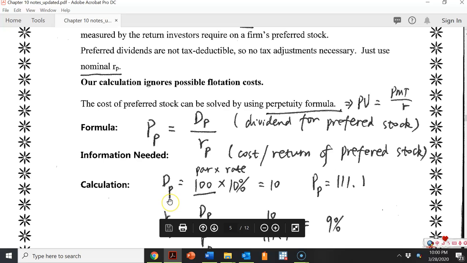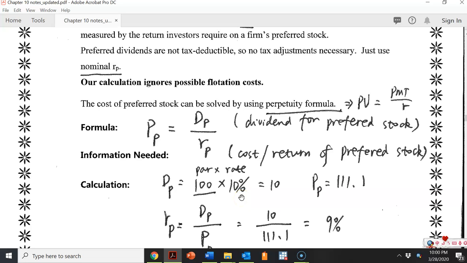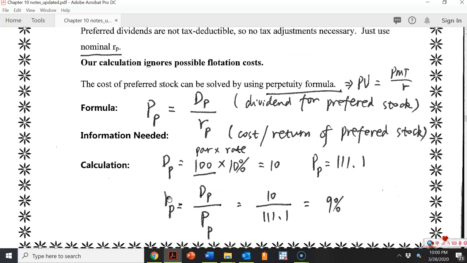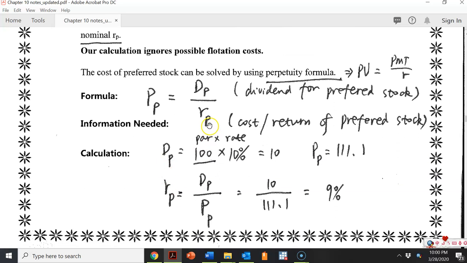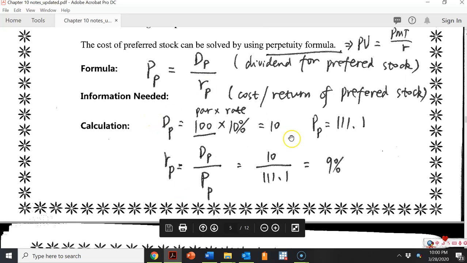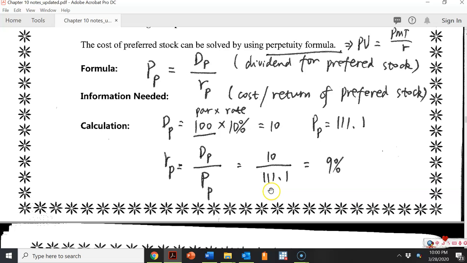And DP, the dividend of this preferred stock, is $100 par value multiplied by the 10% dividend rate. So we have 10 as the dividend of this preferred stock. Okay, so RP, the cost of preferred stock, becomes DP over PP. So we use 10 over 111.1. We have 9% as the cost for preferred stock for this firm.